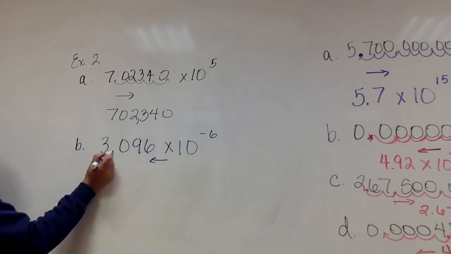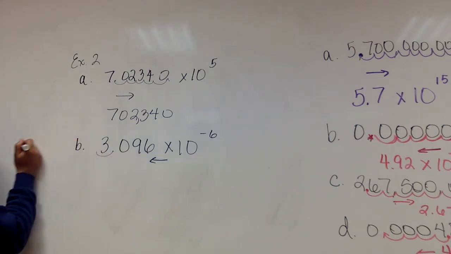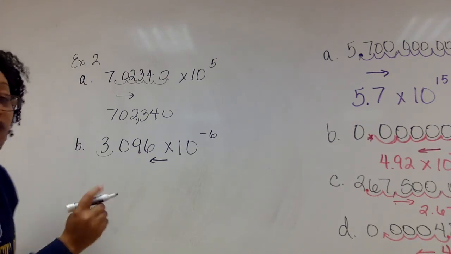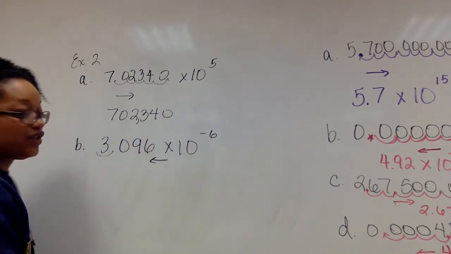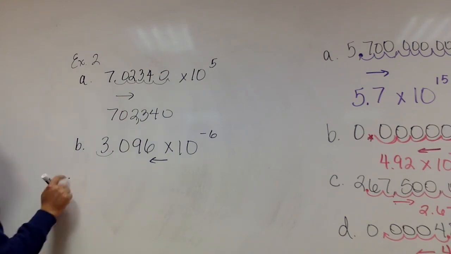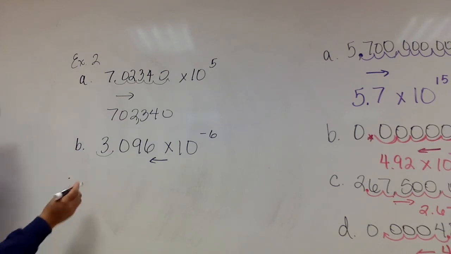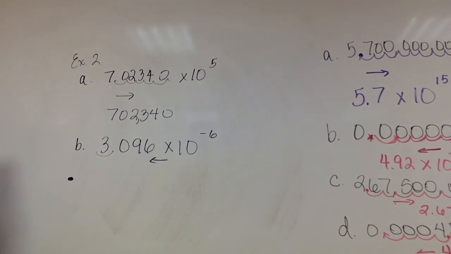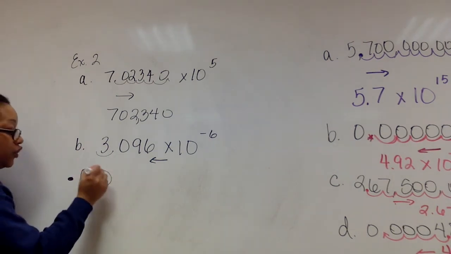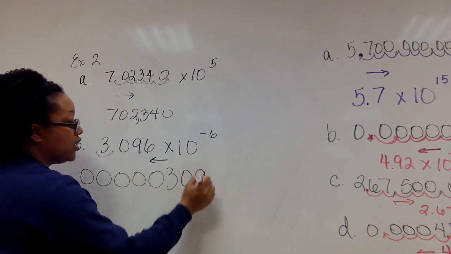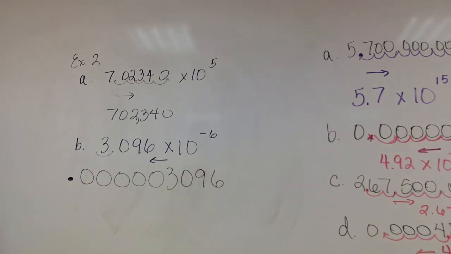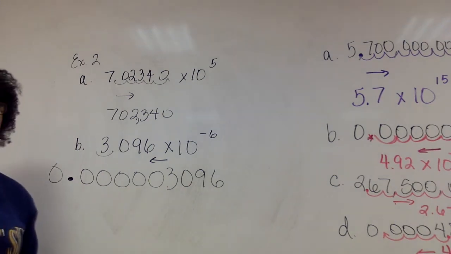So if I went one place, I have 5 more to go, so that's 5 zeros. So your answer is, put your decimal there, because remember, it's very small. 1, 2, 3, 4, 5, 3, 0, 9, 6. That's your number. And you can put a 0 there in front if you want. So the next video, we're going to take it up a notch.